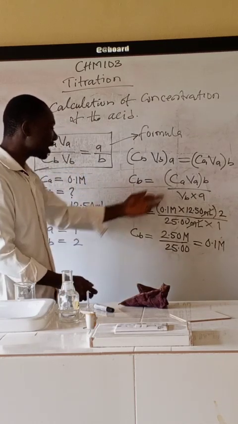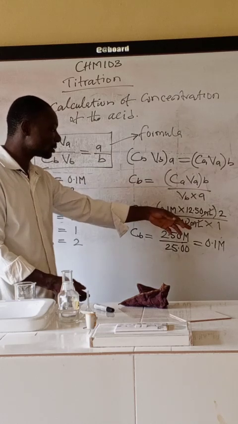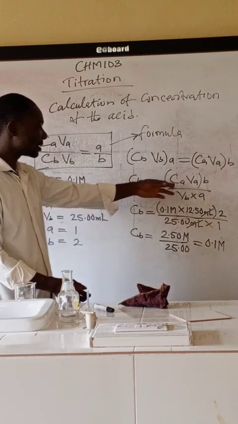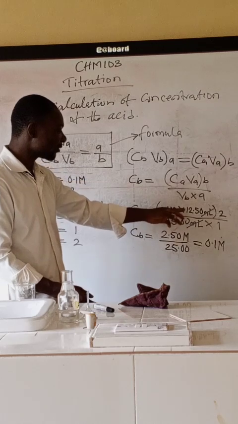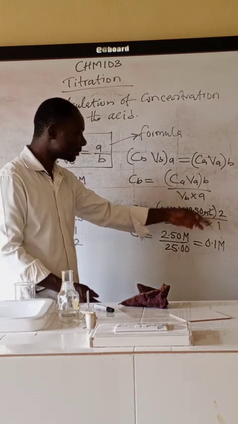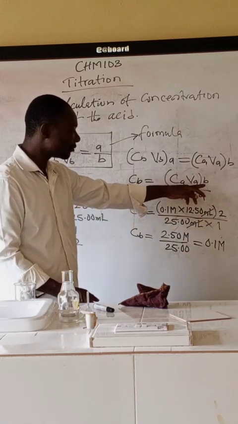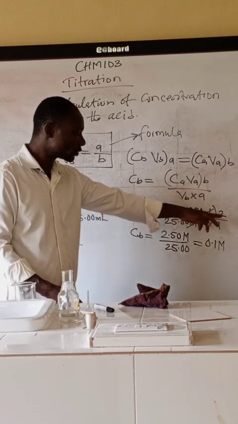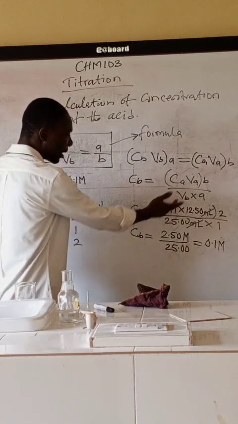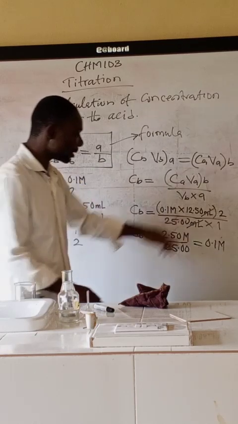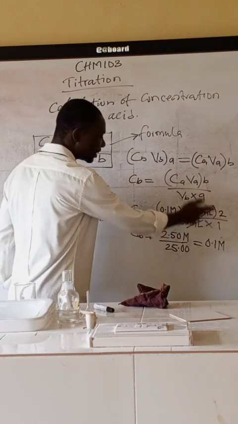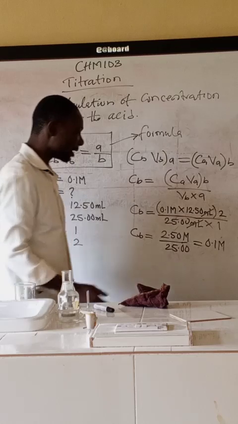Now, you substitute the values. Ca is 0.1 molar, Va is 12.50 ml, then our mole ratio of the base is 2. Then our volume of the base is 25.00 ml. Then the mole ratio of the acid, which is A, is 1.